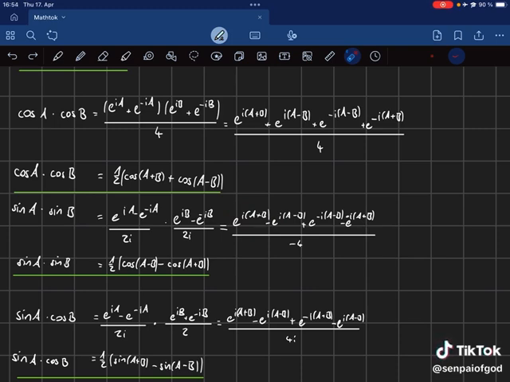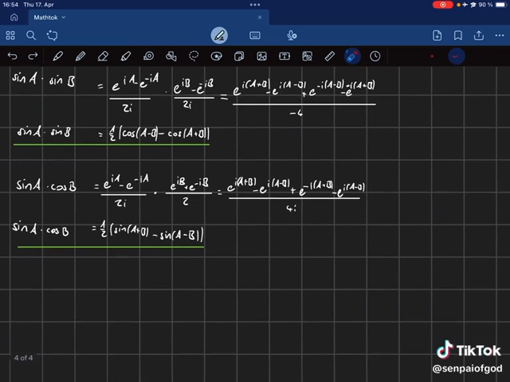We substitute our cosine values again, and because we subtract because of the signs, we change the plus to a minus inside of the identity, and we get that sine of a times sine of b equals 1/2 times cosine of a minus b minus cosine of a plus b.